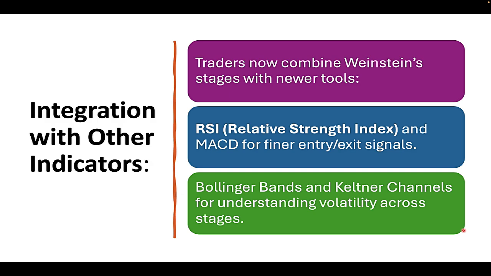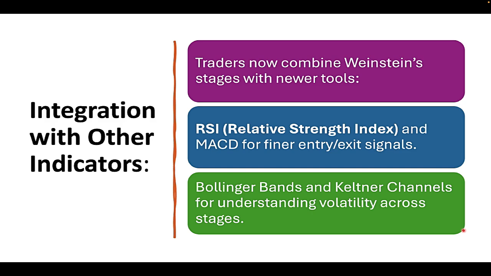MACD also works very fine on long candles, like the weekly chart and the daily chart. Along with this, you can use volatility indicators like Bollinger Bands and Keltner channels for understanding the volatility, whether there is a compression or an expansion.